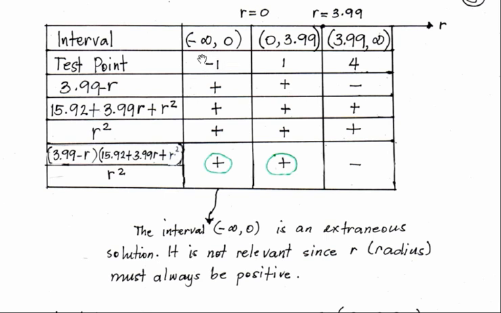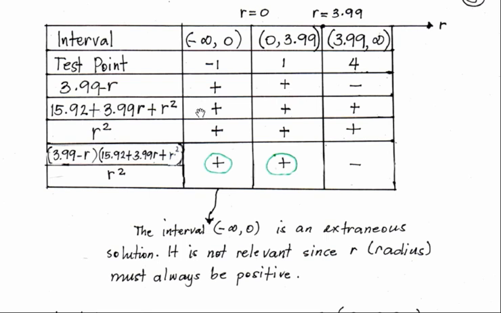Let's start with the test point on this column going down. How did we get these 4 positives here? So if r equals negative 1, substitute it to 3.99 minus r and get the sign. So 3.99 minus 1 is 2.99 and it's positive.